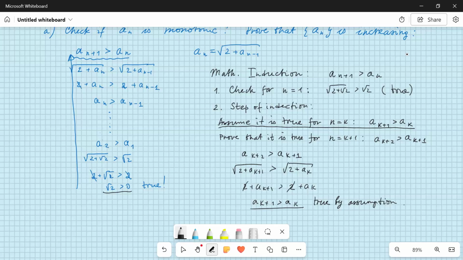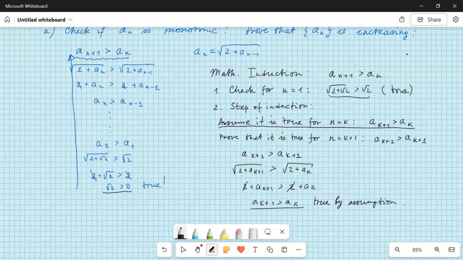We can make a step. Now, what is the very first previous pair? This one. So from this one, we go to the next pair, and to the next pair, and we pull all terms of this sequence into this inequality. And this is how math induction is working. Basically, it's the same, just less visual, maybe more academic.